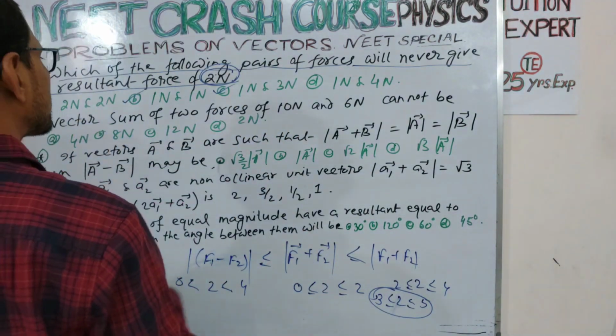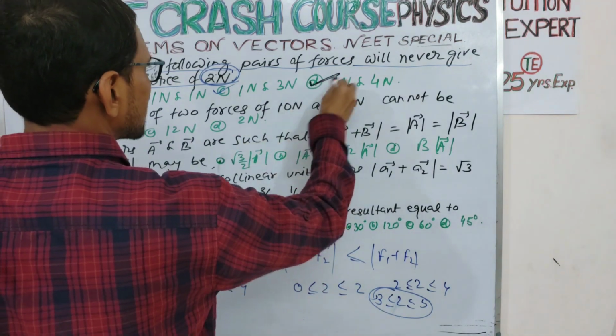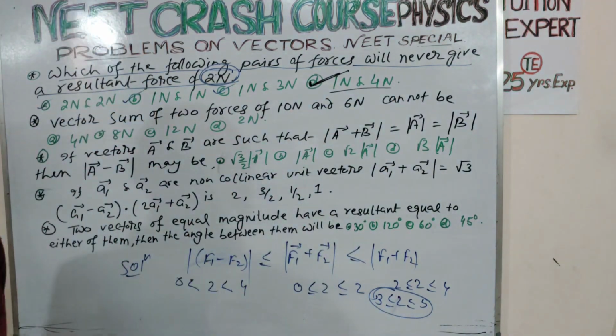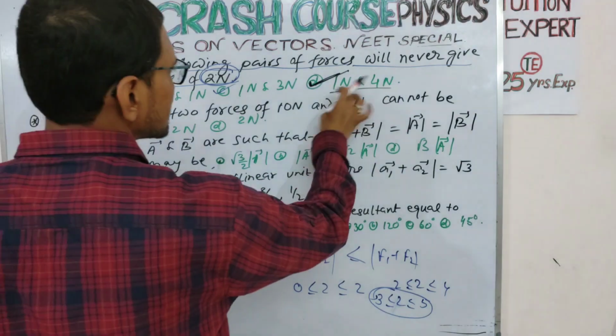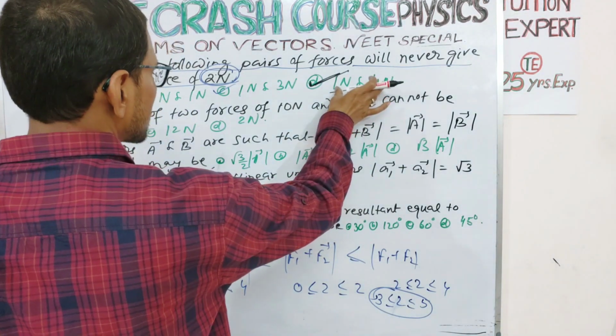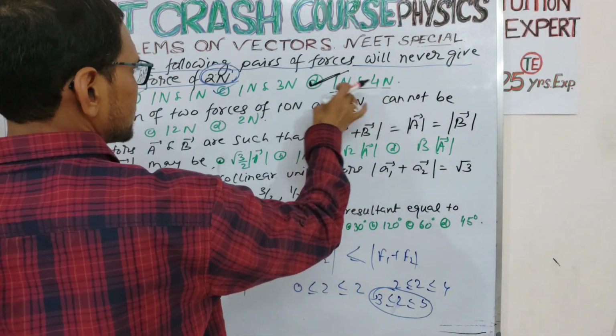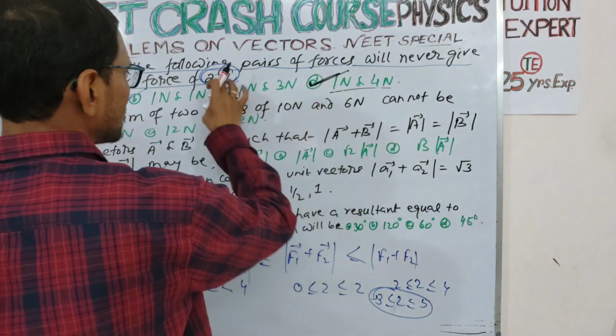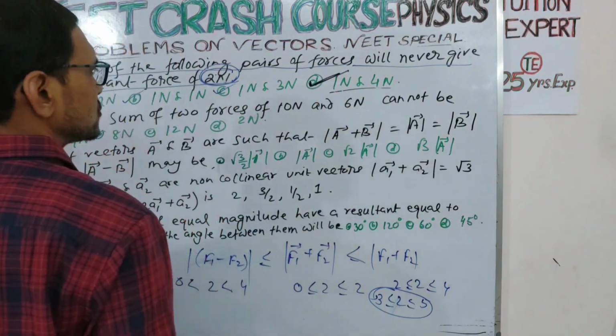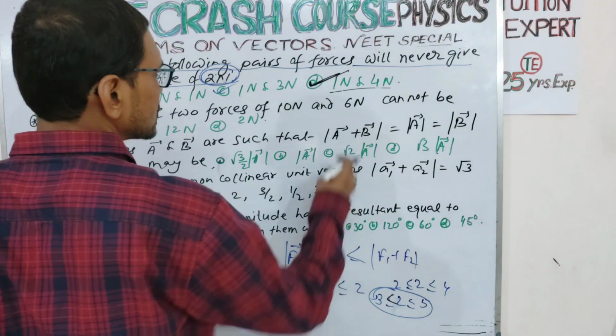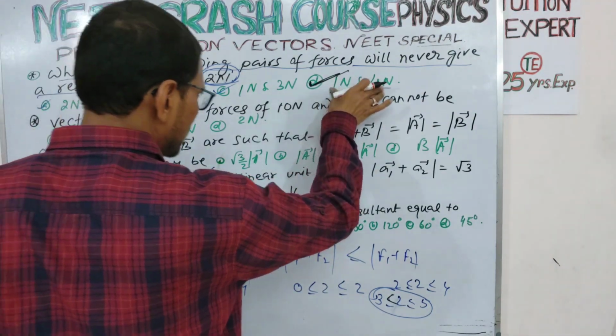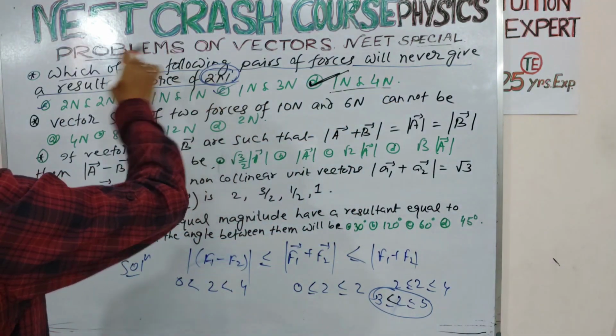This is the option. So 2 Newton cannot be the resultant of this pair, because the maximum value is 4 plus 1, 5, and 2 is less than 5, but the minimum value is 4 minus 1, 3. So 2 is not greater than or equal to 3. So this pair of forces cannot give the resultant of 2 Newton.